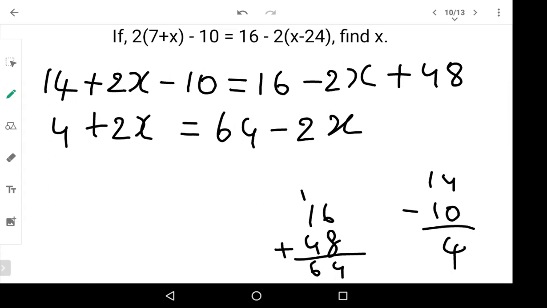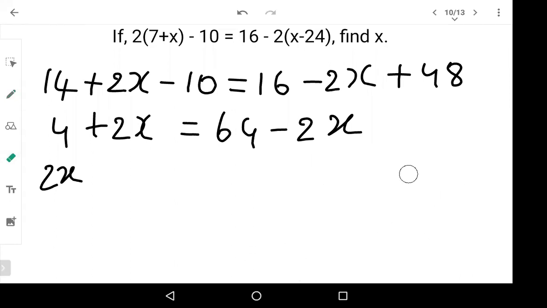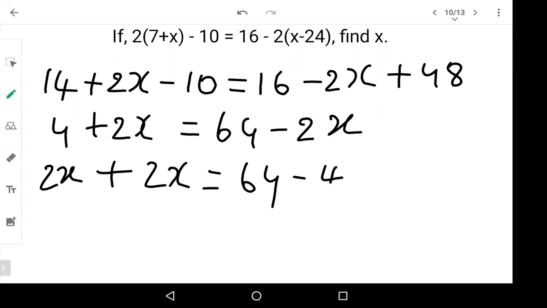Yes. Now what we can do is, we will take 4 to the other side and 2x to the one side. So 2x, let me just clean this part. 2x, and then I'm getting this 2x here, so minus will become plus. So 2x plus 2x is equal to 64. If I take 4 to the other side, minus 4.